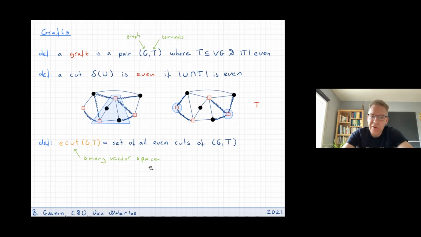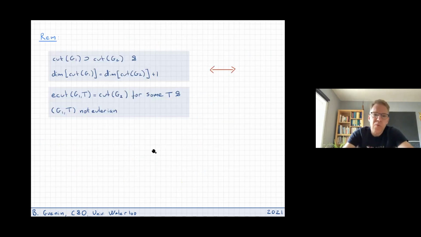And again, it's a binary vector space. And I'm going to say that a graft is Eulerian if every cut is even. So this is the analog of bipartiteness, but for the cuts. And so why did I need that? Well, because I want to restate this condition here. This is a hypothesis for the cut version of Shea's theorem.